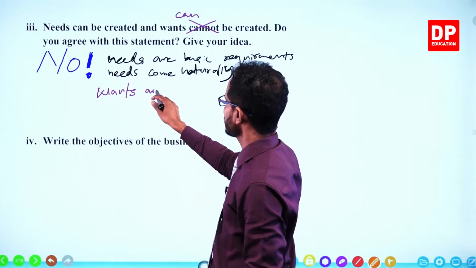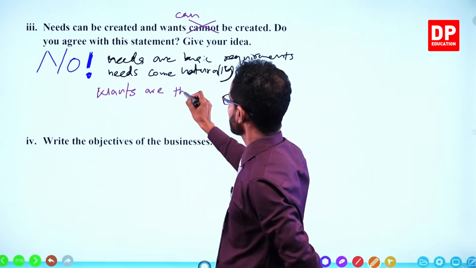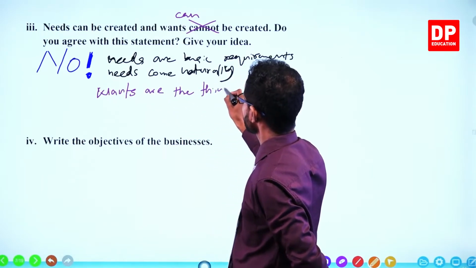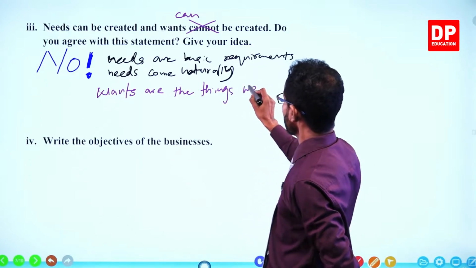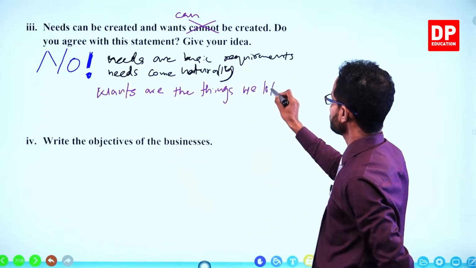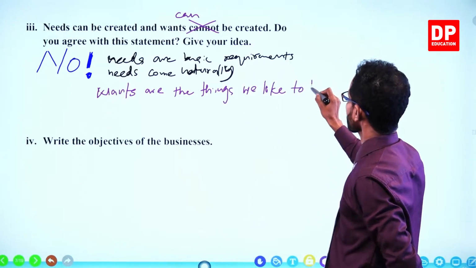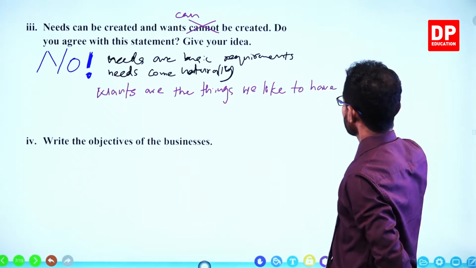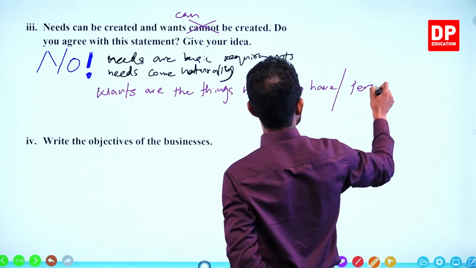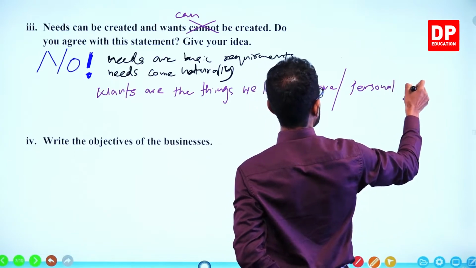So you have to write, wants are the things we like to have. Personal preferences.